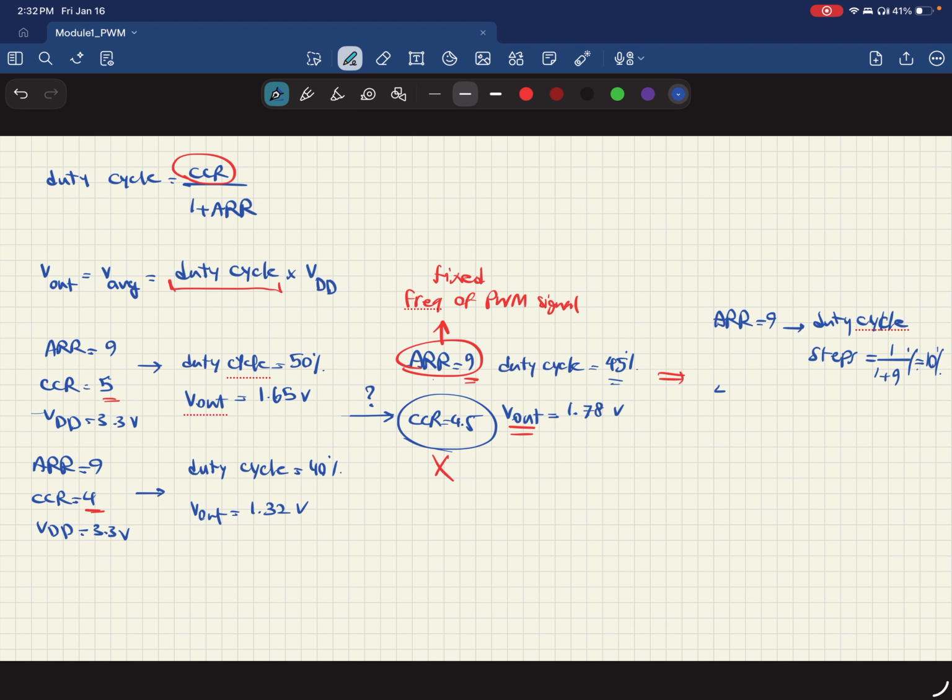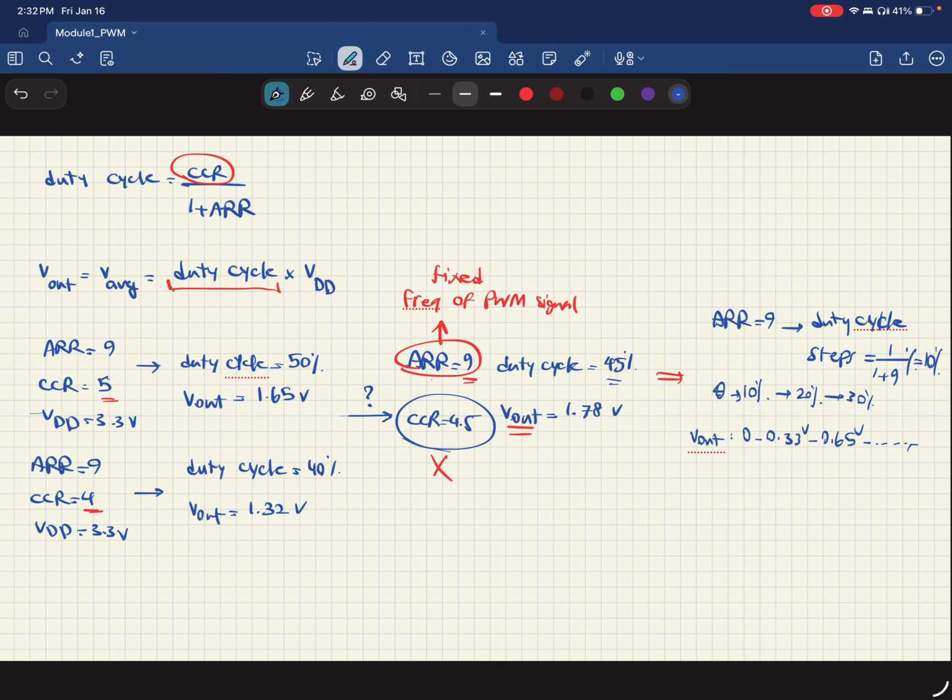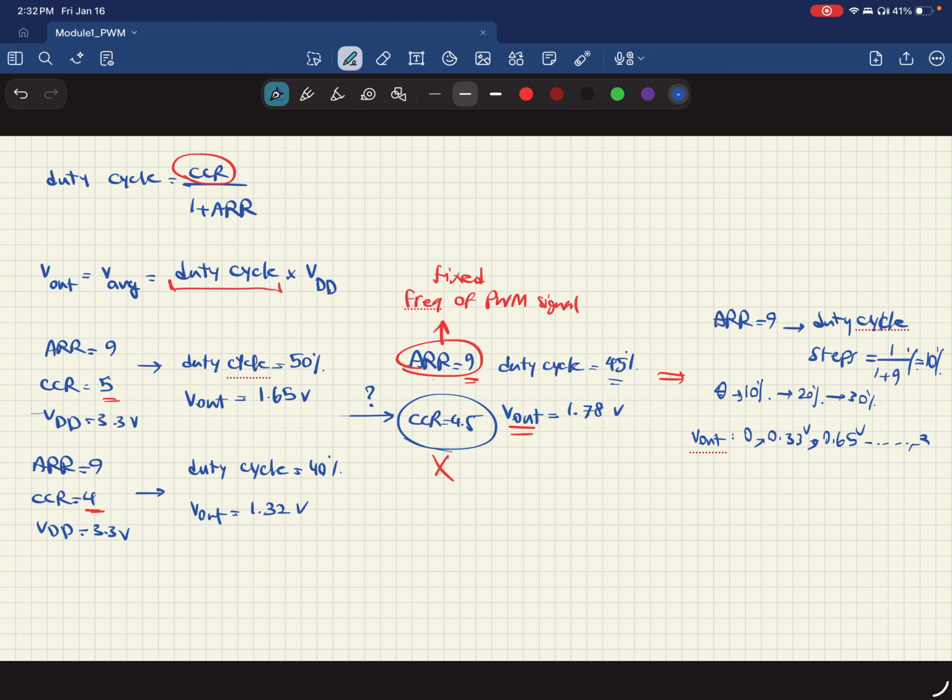So the duty cycle can go from 0 to 10% to 20% to 30%. And that means that the V out levels can be 0, 0.33 volt, 0.65 volt, until the end, till we get to 3.3.